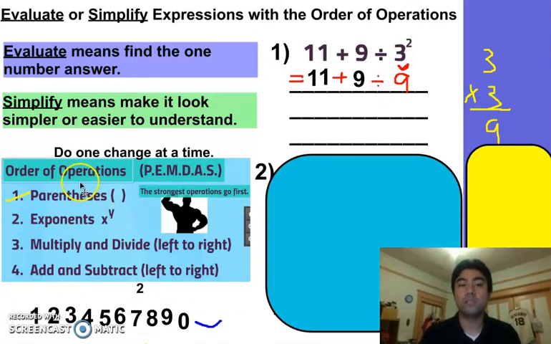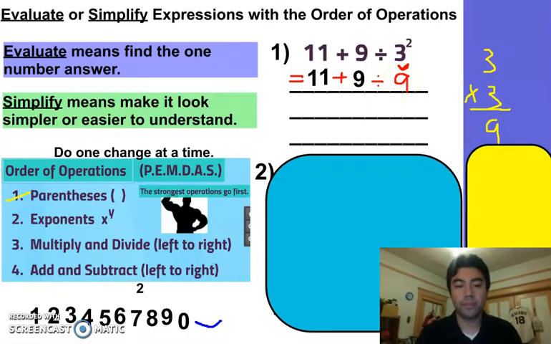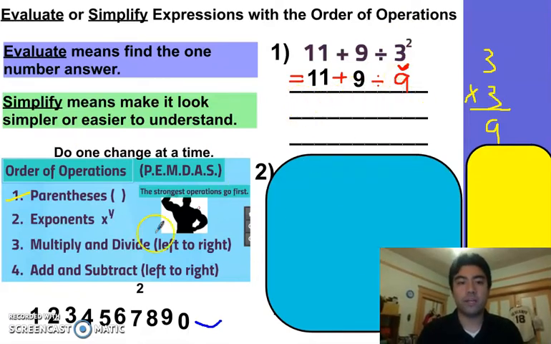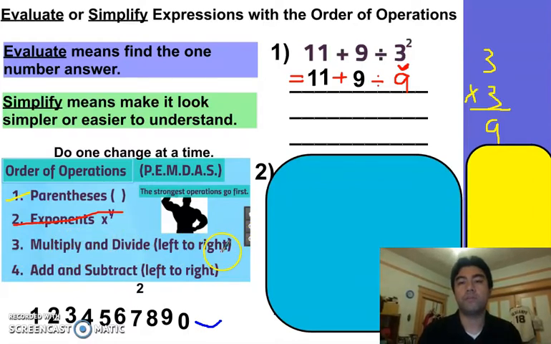Again, I only did one change at a time. I only changed 3 to the second power to 9. Okay? And now let's continue. So now we're on our next line, and the next thing we need to do is, okay, we did exponents. The next thing we need to do is do any multiplying or dividing going from left to right.